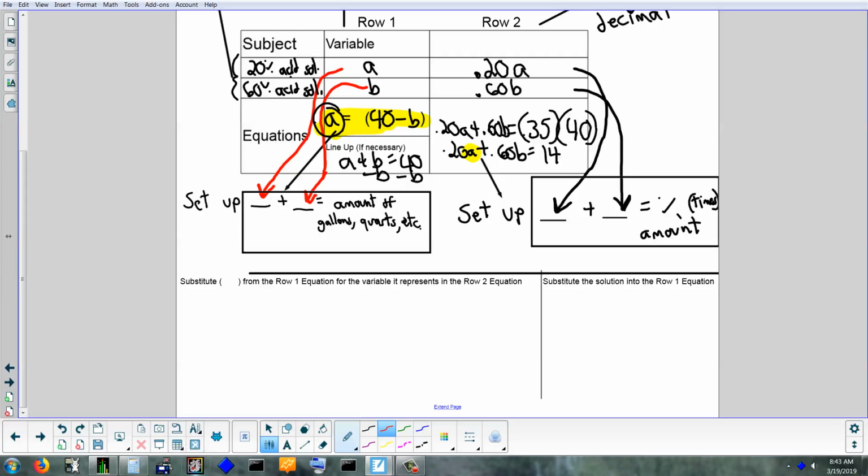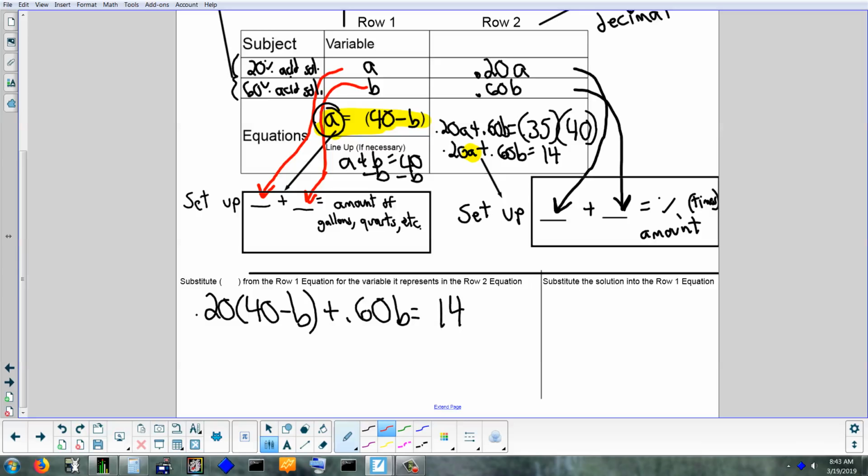So it's going to be 0.20A, which Angelica just said is going to be 40 minus B, plus 0.60B equals 14. If you didn't do this multiplication before you plug stuff in, that's okay too.